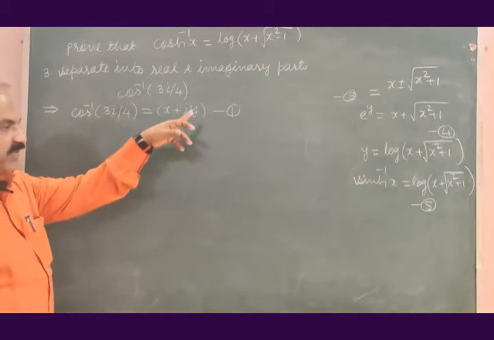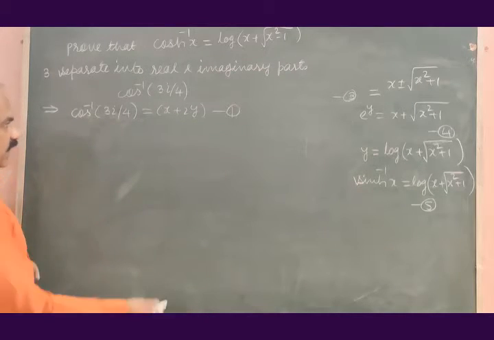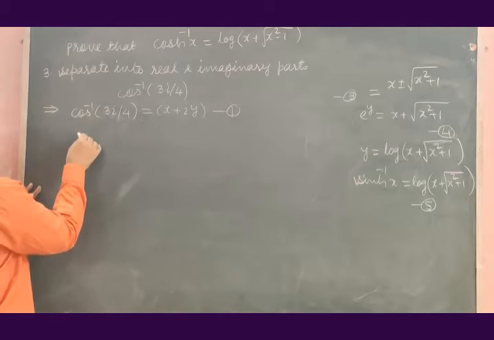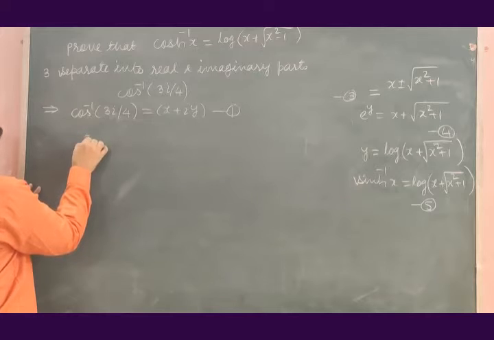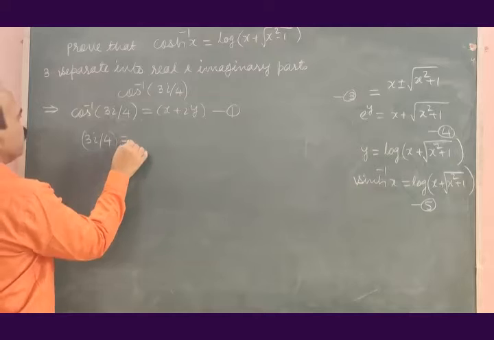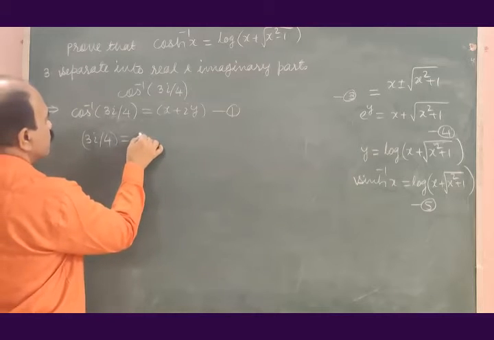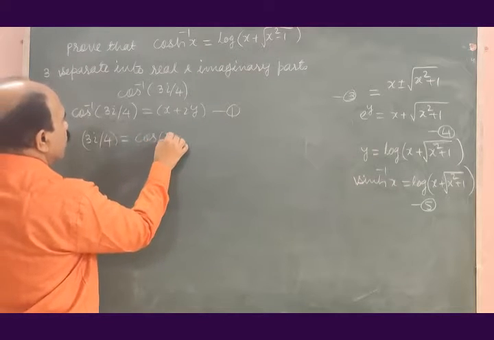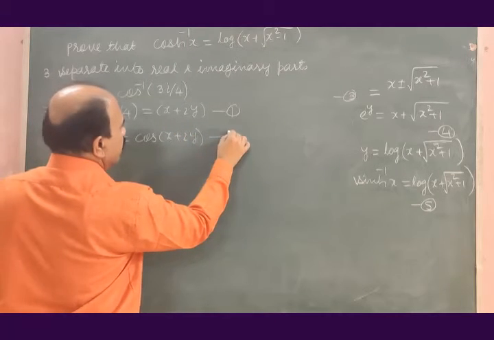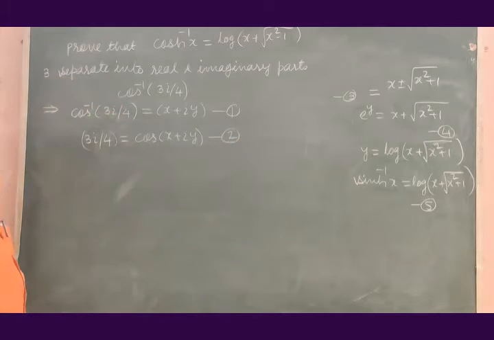So, when I assume equation 1 for this, from the definition of inverse function, I can write here the argument 3i divided by 4 is equal to cos of x plus iy, equation number 2. The argument 3i by 4 is equal to cos of x plus iy.